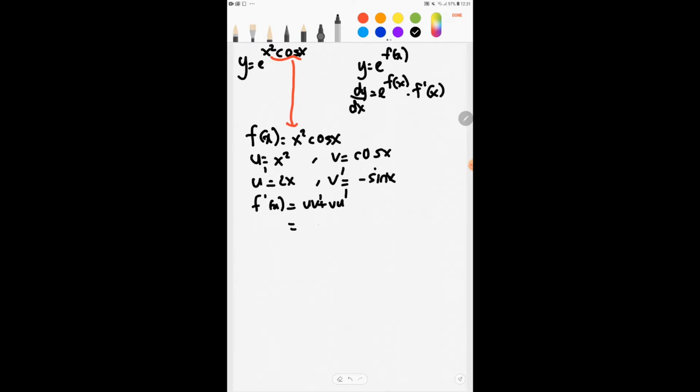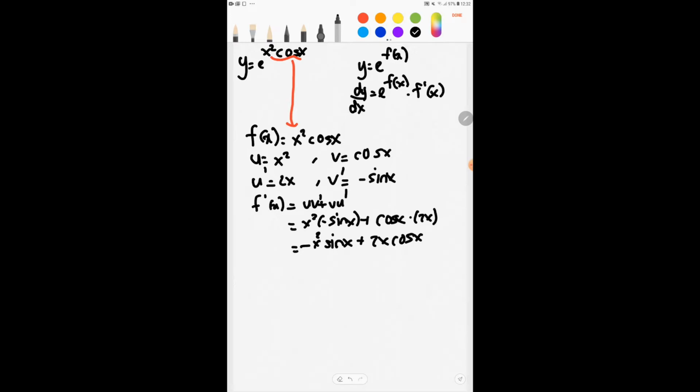We get x squared times negative sine x, plus cos x multiplied by 2x. If we rearrange that, we can write it as negative x squared sine x plus 2x cos x. So that is f prime x.